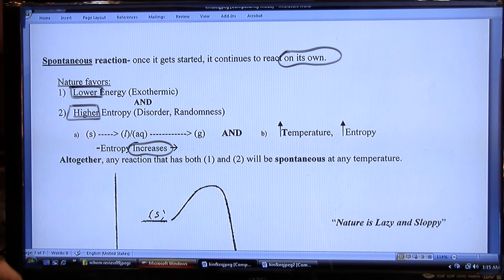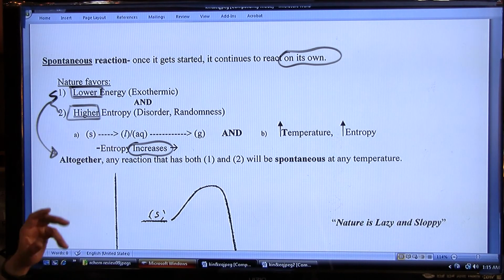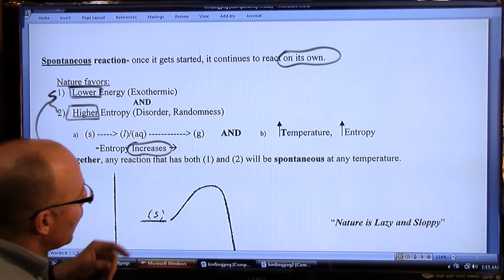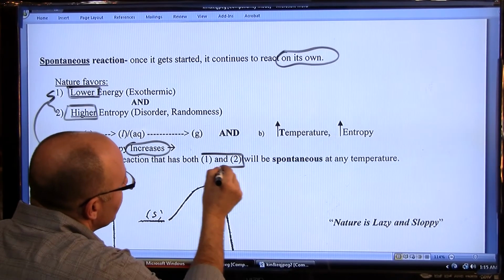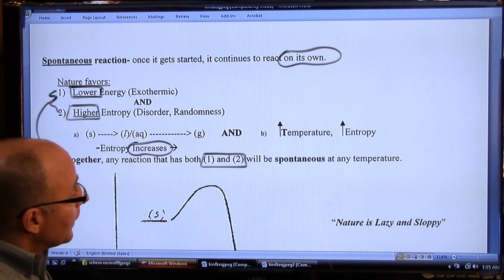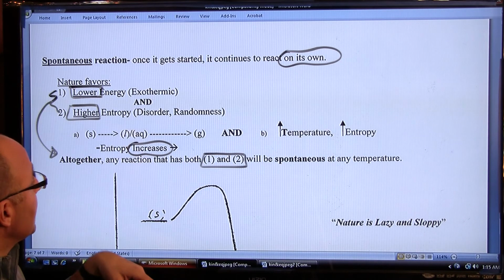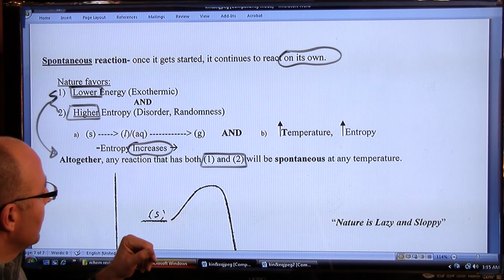Now, if you put these two things together, any reaction that has both 1 and 2, both a decrease in energy and an increase in entropy, which would be a reaction totally in line with nature, that reaction would be spontaneous at any temperature.